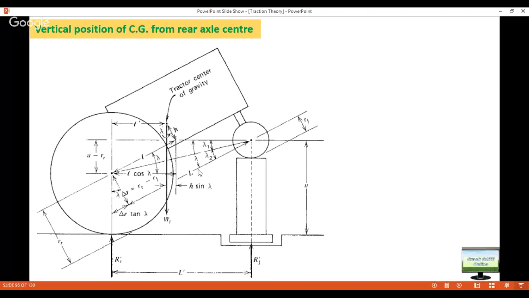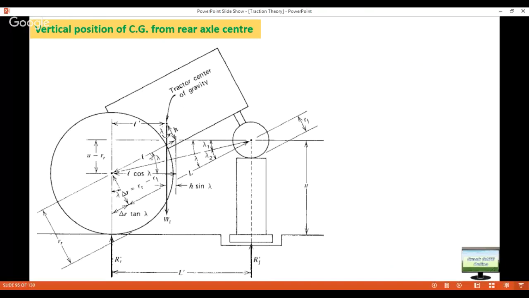Now this is your wheelbase L, and this is your old center of gravity, the horizontal location of center of gravity, small l. Now this l is making an angle with respect to the horizontal. This angle is lambda.